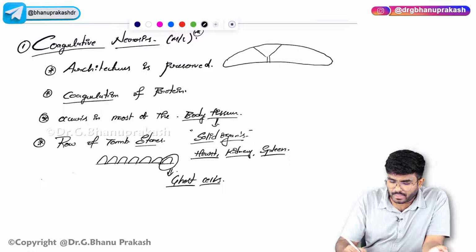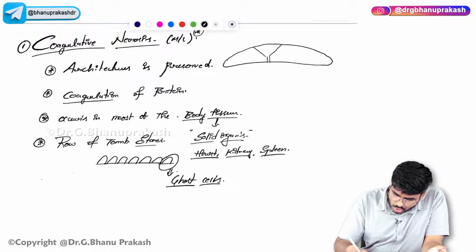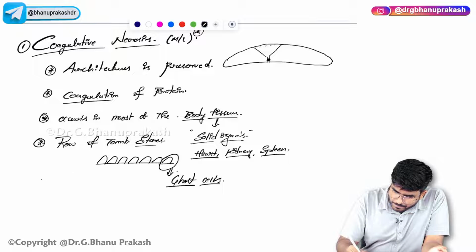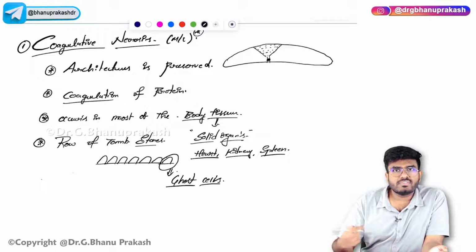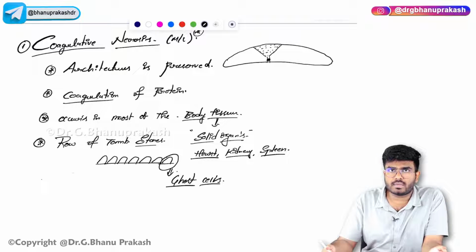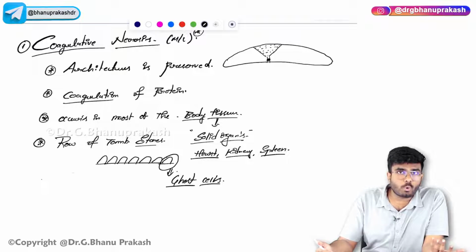Now, if there is a block here, if there is thrombosis, this entire area which was supposed to get its blood supply is not getting it. So there is first ischemia leading to hypoxia. If there is continuous hypoxia, there will be reversible cell injury followed by irreversible cell injury. As it's a solid organ like kidney or spleen or heart, it will undergo coagulative necrosis.